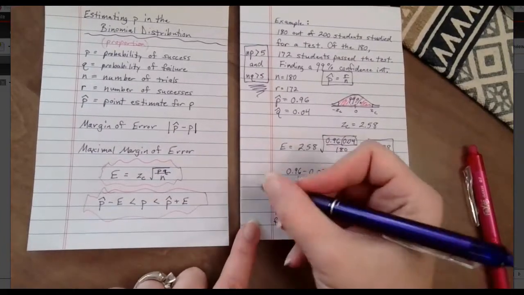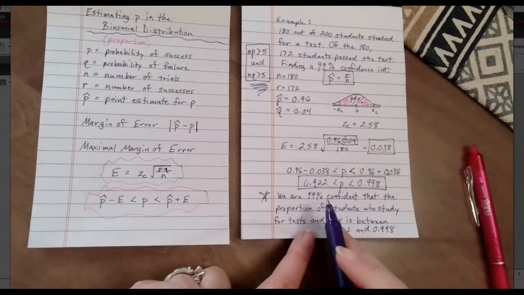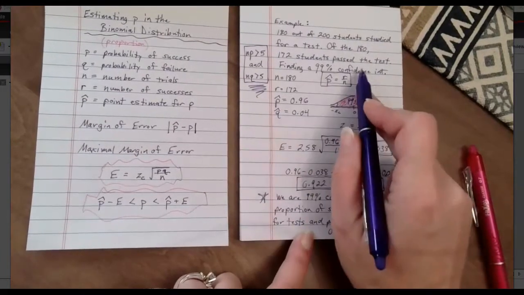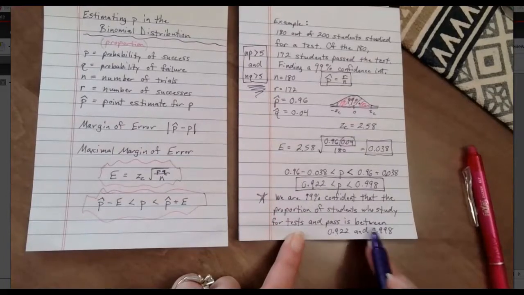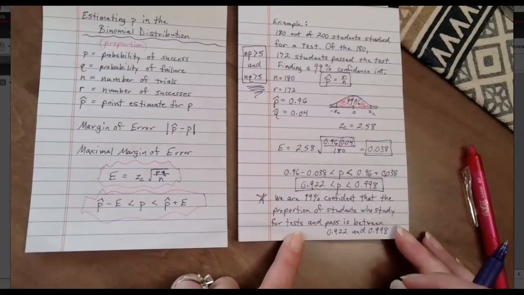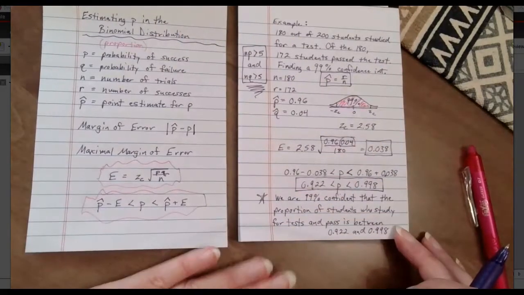All right, so that is our context statement right there. We are 99% confident, because we created a 99% confidence interval, that the proportion of students who study for tests and then pass them is between 92.2% and 99.8%. So beginning to end, that is what a full problem would look like.